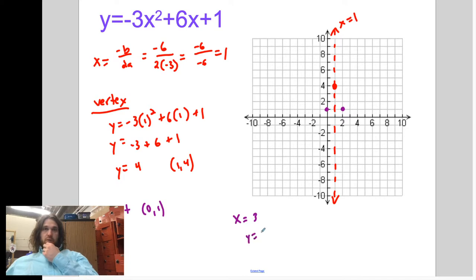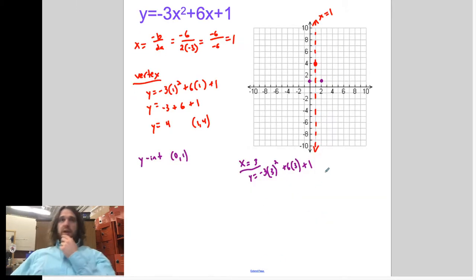When x equals 3, y equals negative 3 times 3 squared plus 6 times 3 plus 1. So we end up with y equals 3 squared is 9, 9 times negative 3.